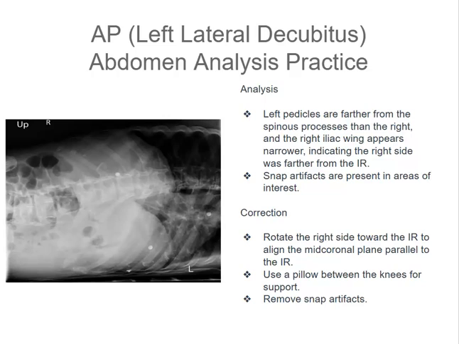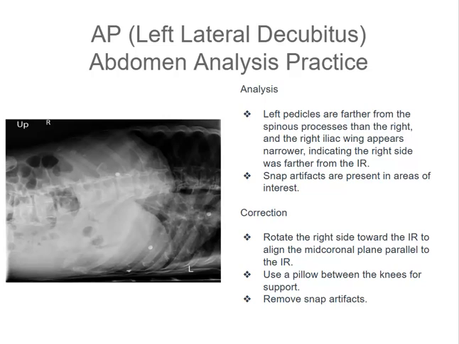So in order to correct this projection, you may need to recenter the central ray to a more appropriate location, whether that is at L3 or at the level of the iliac crests. And then rotate the right side back towards the IR so the mid-coronal plane is parallel with the IR.